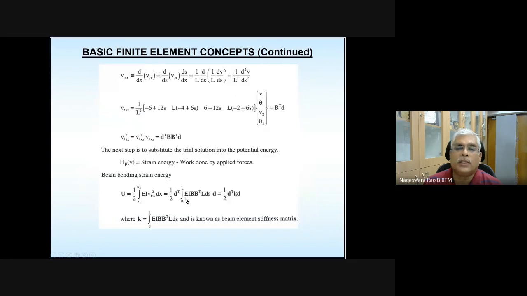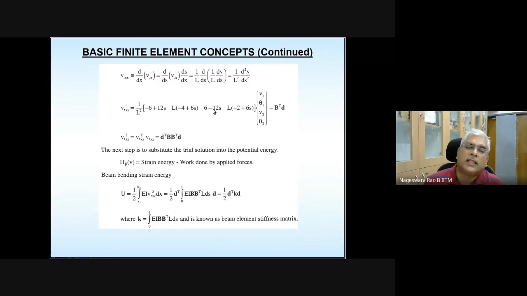And what about the second derivative, the curvature? You can see it's linear. So this element is going to be able to capture it if the curvature is linear over the element, up to linear. It can be constant or linear, it should be able to capture. But if the curvature is quadratic, you will have some error if you are using this element.